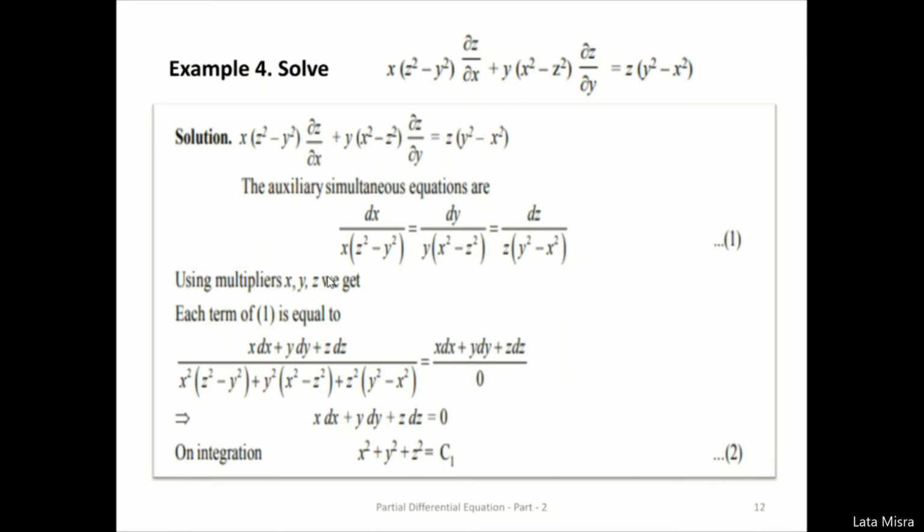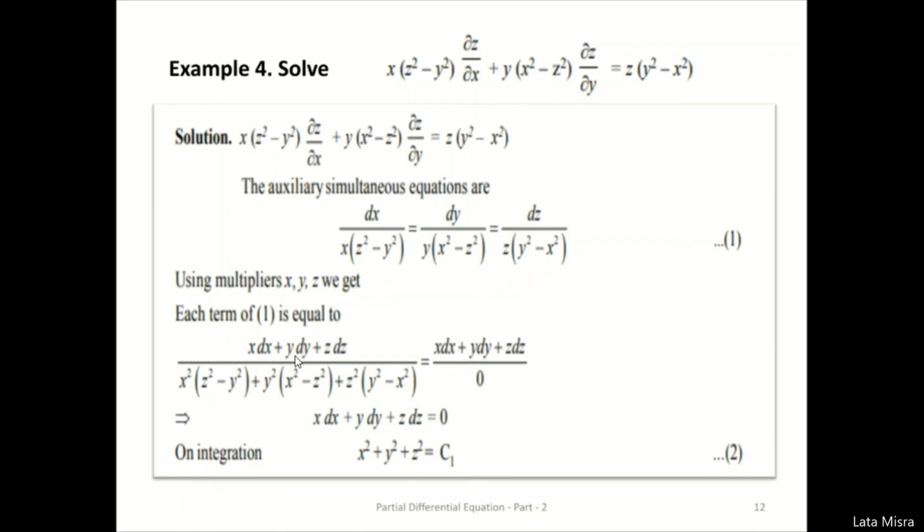So we choose the multiplier x, y, z randomly and multiply the first term by x, we have x dx/(x²(z² − y²)).